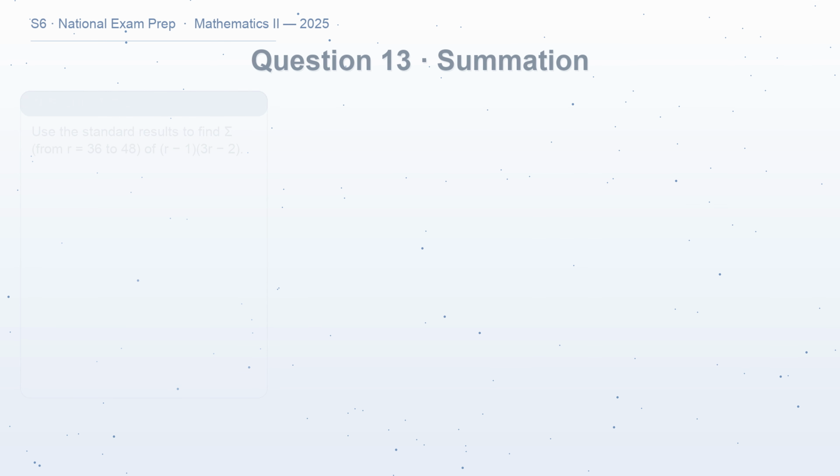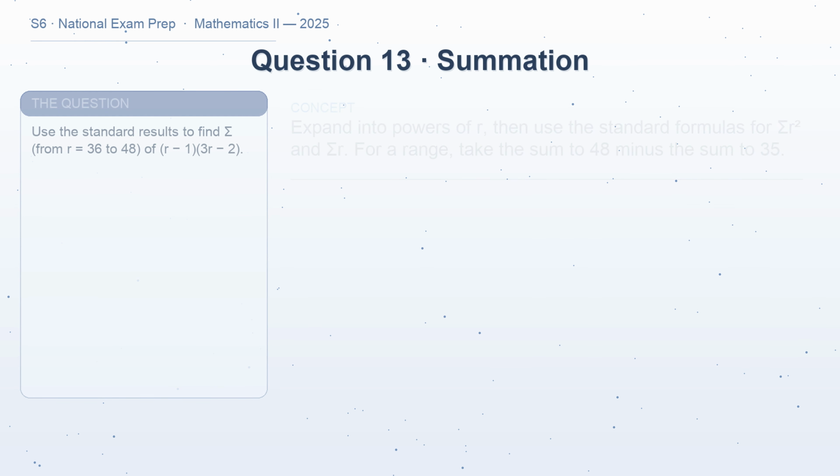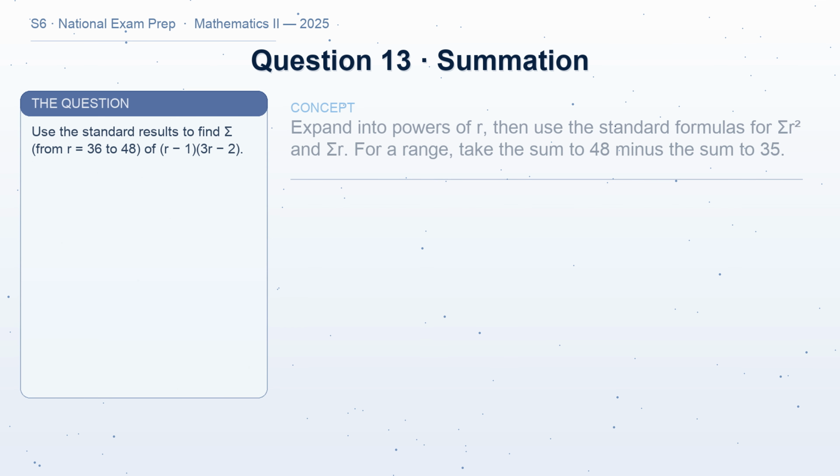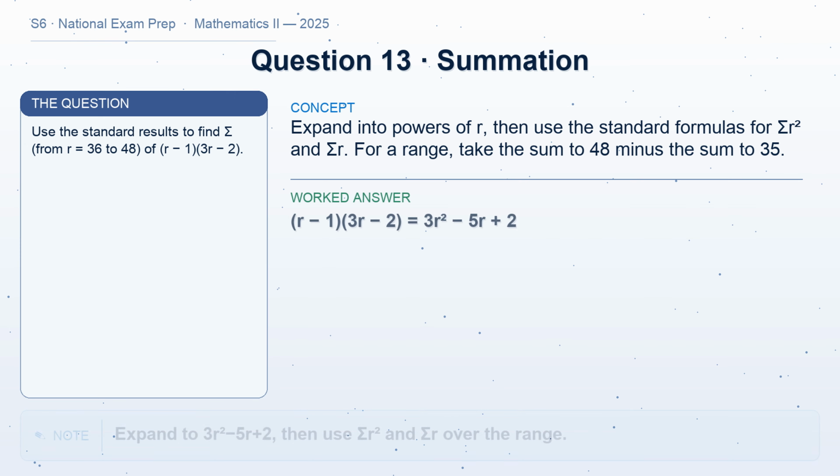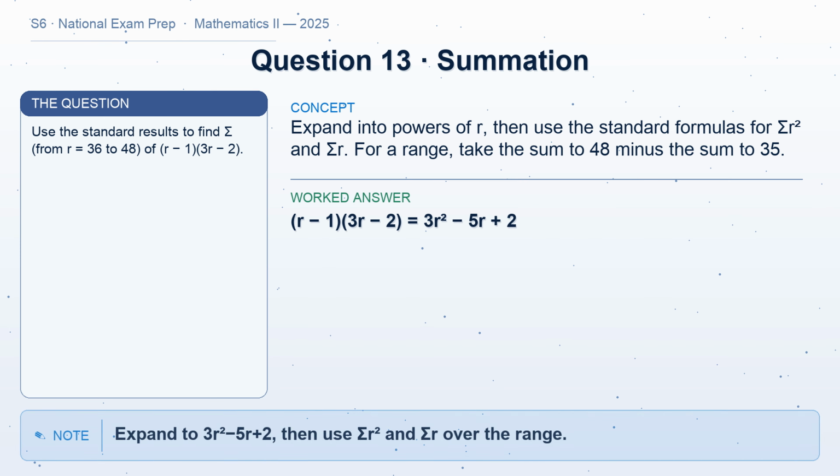Question 13. Use the standard results to find the sum from r equals 36 to 48 of r minus 1 times 3r minus 2. The trick with standard results is to expand the bracket into powers of r first. Multiplying out, r minus 1 times 3r minus 2 becomes 3r squared minus 5r plus 2.